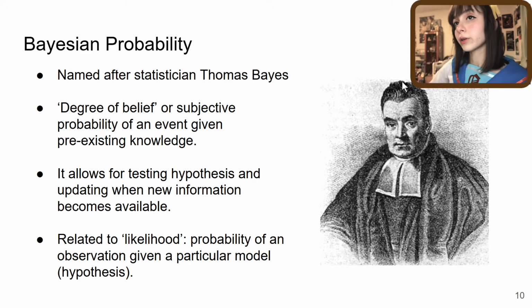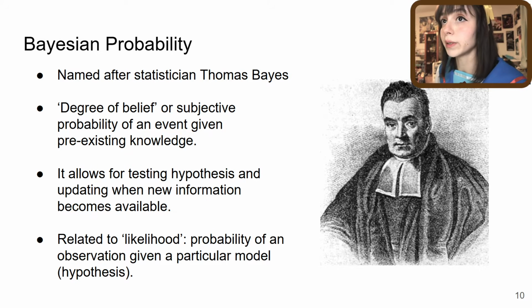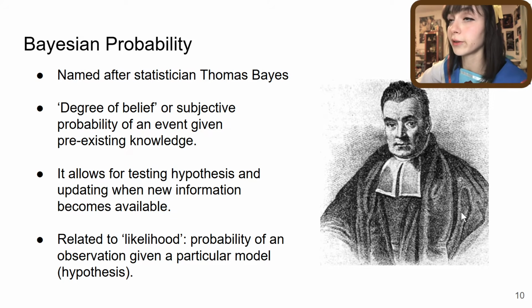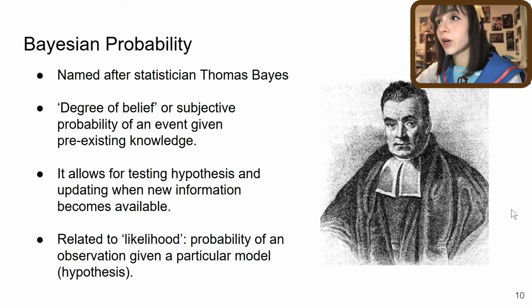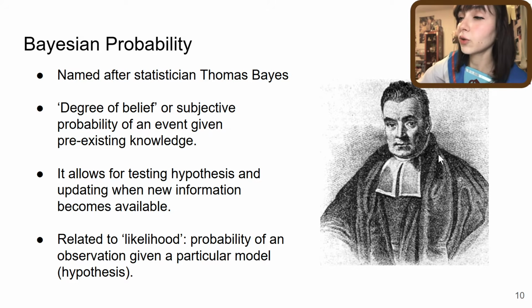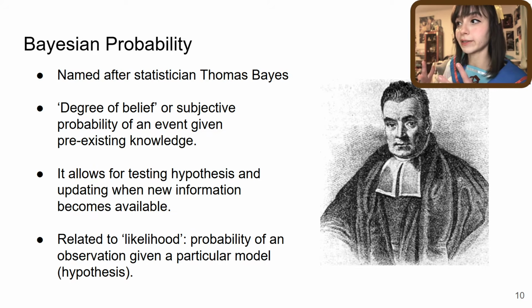Another example of how to interpret a probability is what's known as Bayesian probability, proposed by the statistician Thomas Bayes. It's described as a degree of belief, or a subjective probability, given some pre-existing knowledge I have about my system.